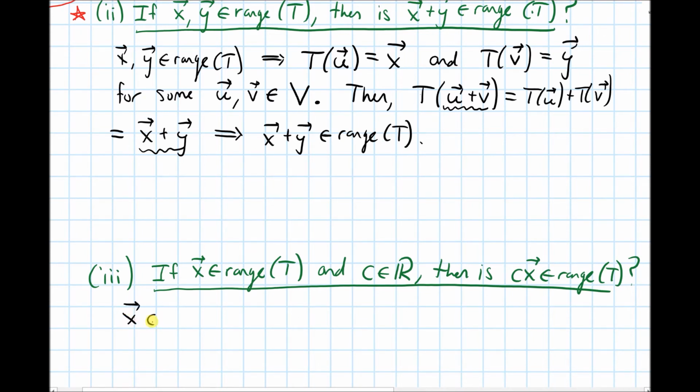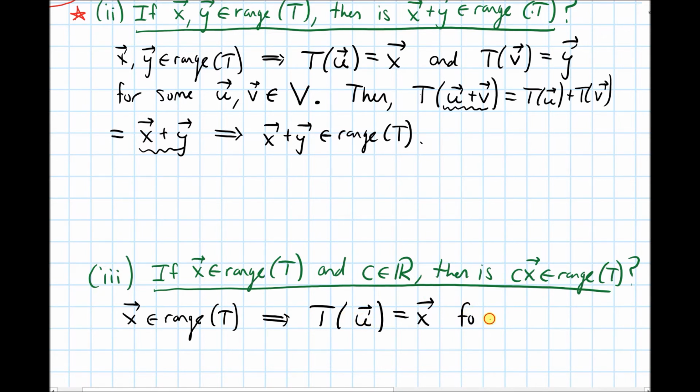So if x is in the range of T, if x is in my set, well then that means that there's something I could plug into my transformation to get x out. So let's just call that vector u that I plug in to get x out.